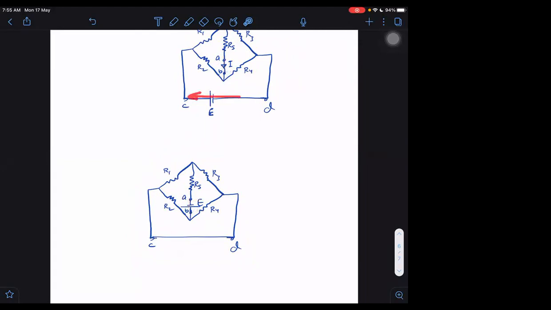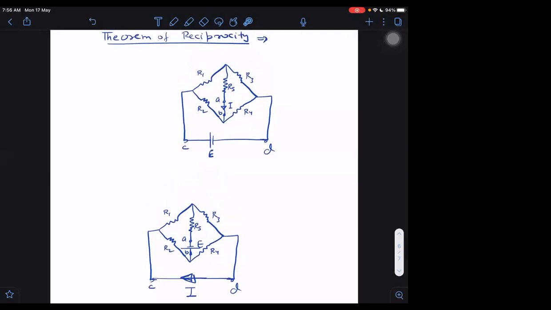Then here also the current will be in the same direction, as the direction of the battery. If the direction of the battery is negative to positive, then here also the current will go from negative to positive. This is the theorem of reciprocity.